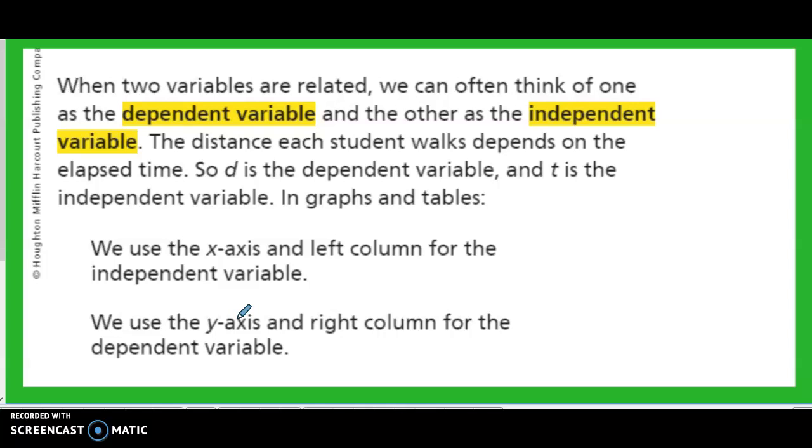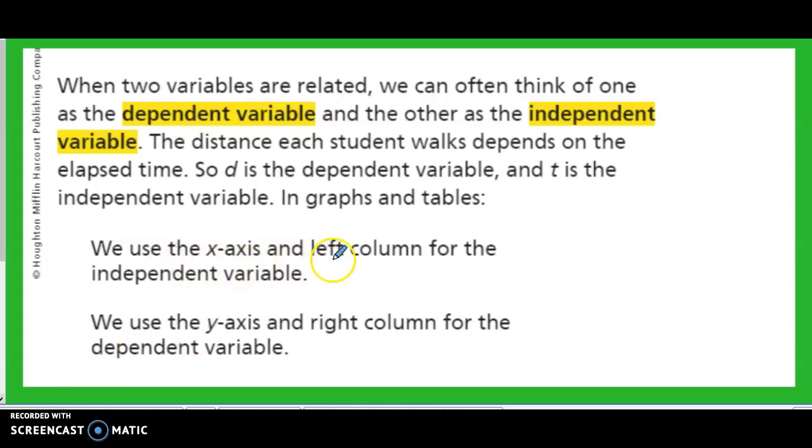Think of it this way: the y-axis cannot stand alone. It relies on the x-axis being put in place, so it depends on the x-axis. That is the label or title of your y-axis in our coordinate graph.